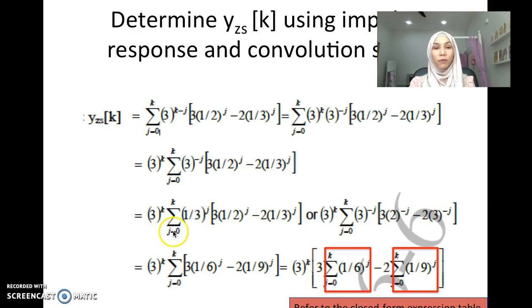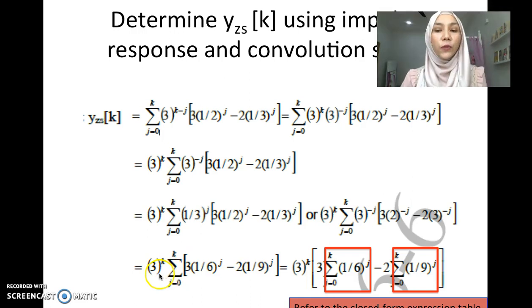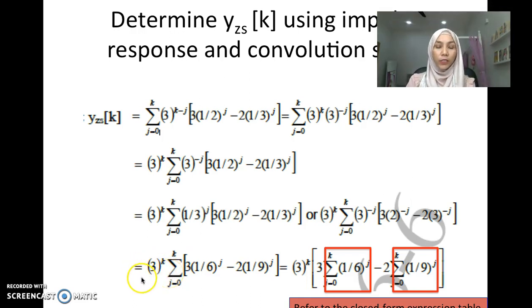Okay, summation from j=0 to k, and 3(1/2)^j minus 2(1/3)^j, or 3^k summation from j=0 to k, 3^(-j) times 3(1/2)^j minus 2 times 3^(-j). Okay, so if you solve the equation, you will get this final equation, which is 3^k, the summation from j=0 to k, 3(1/6)^j minus 2(1/9)^j.